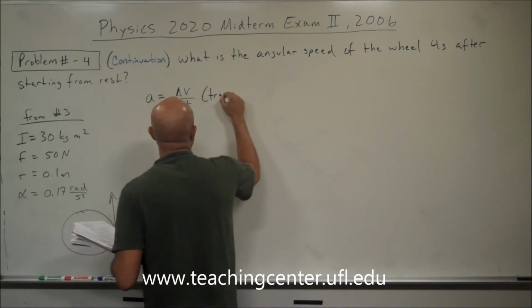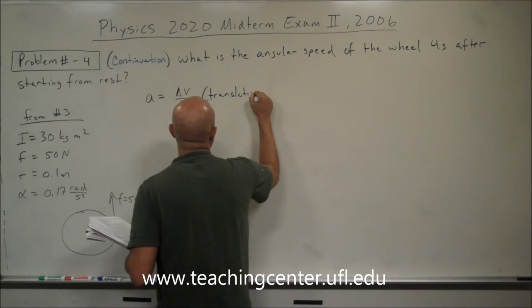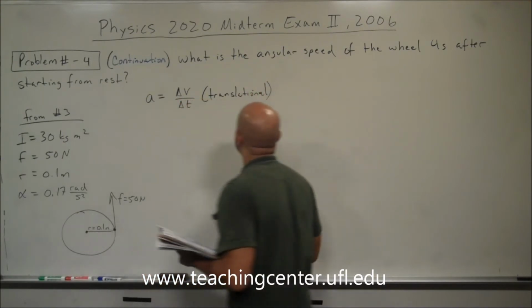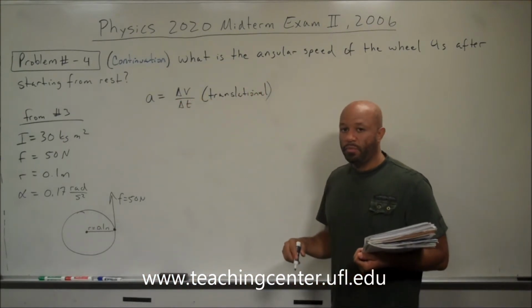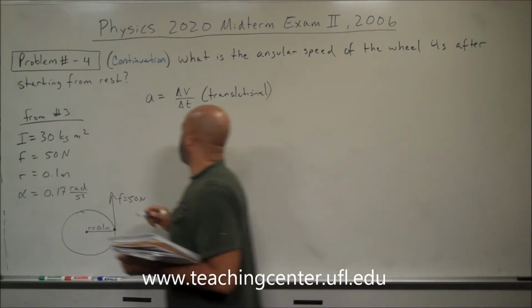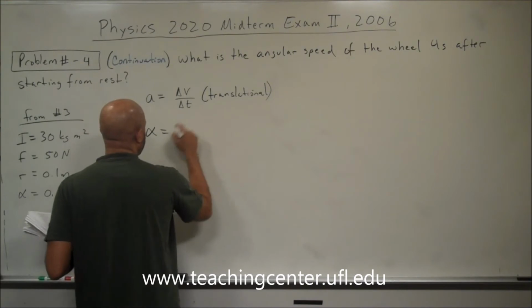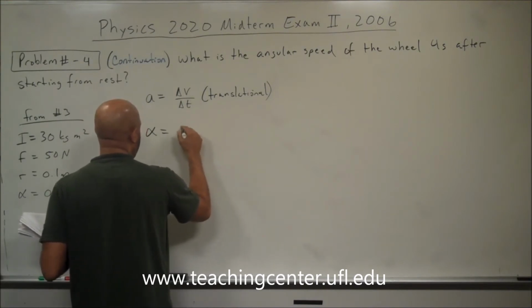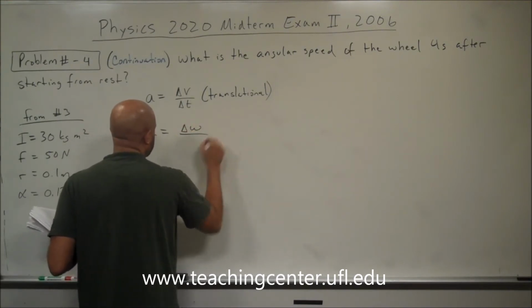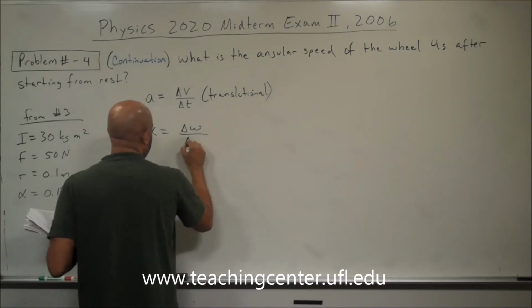So this would be for translational motion. But since we're talking about rotational motion, we don't talk about a, we talk about alpha, which is angular acceleration, and instead of velocity we talk about angular velocity, which is the change in omega over the change in time.